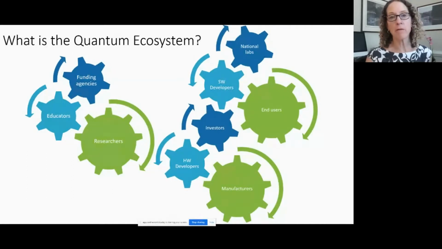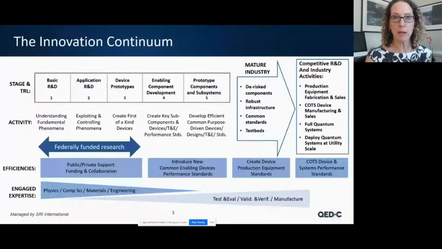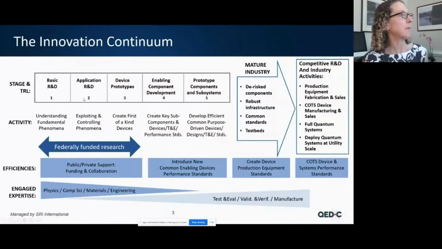Another way of thinking about the ecosystem is in terms of the innovation process. This rather busy chart shows the process in terms of moving from really basic research, shown up here on the top left, according to a description, basic research, and also what we think of as the technology readiness level.